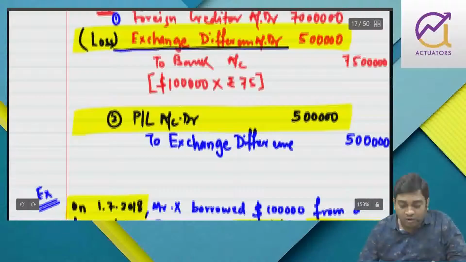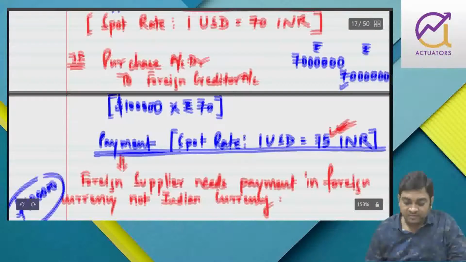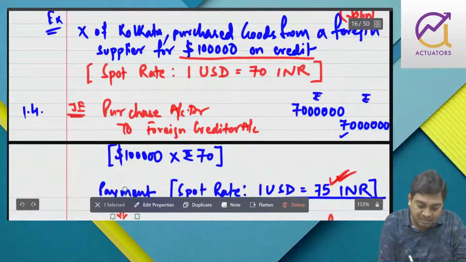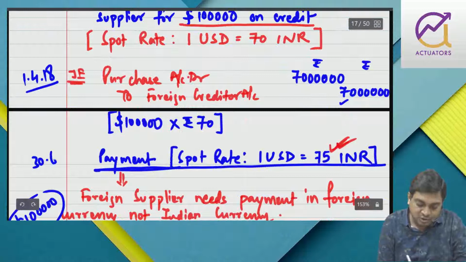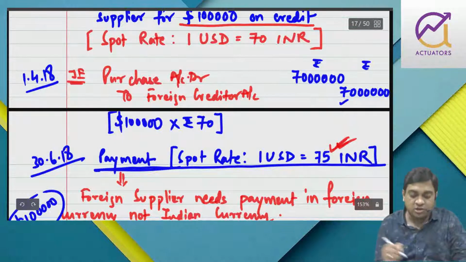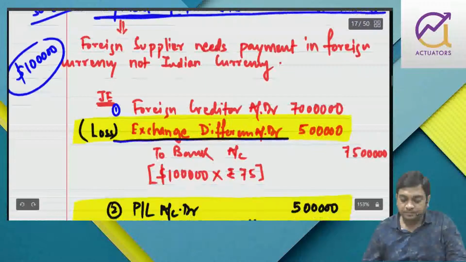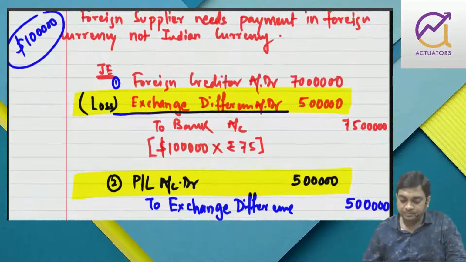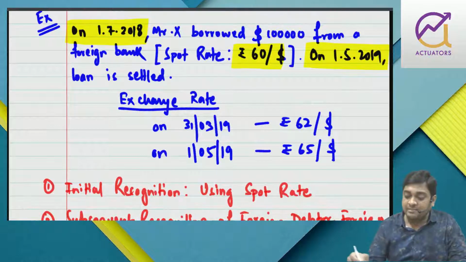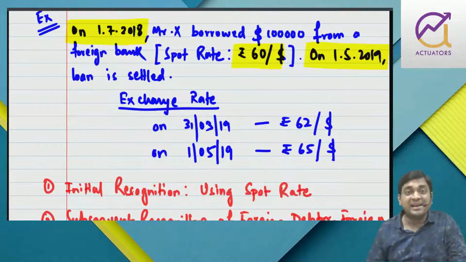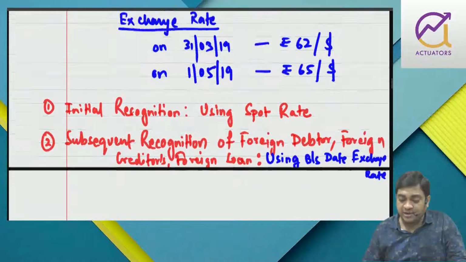In this particular example which I gave you earlier, there was no question because on 1st of April 18 I purchased and on 30th June 18 I have paid. There is no question of subsequent recognition out here. But since taking the loan and repayment is being done in two different accounting periods, there will be a question of subsequent recognition as well.